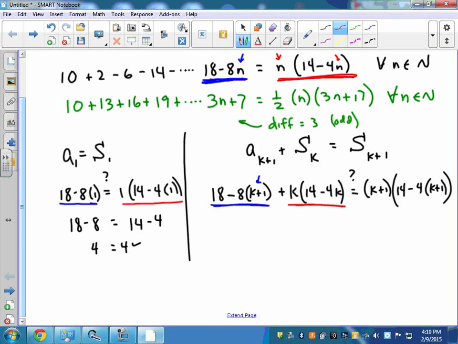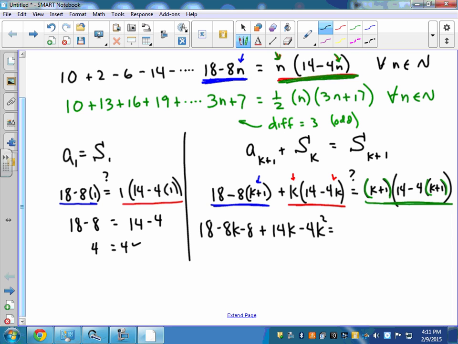And the last expression again comes from the partial sum formula, but now we're replacing n with the expression k plus 1. So everywhere there's an n, put a k plus 1. Now let's just go ahead and do the algebra and verify this works. Just be careful with distributing: 18 minus 8k minus 8 plus 14k minus 4k squared.